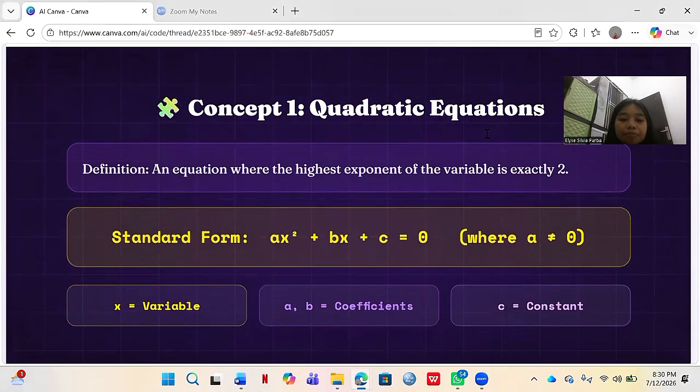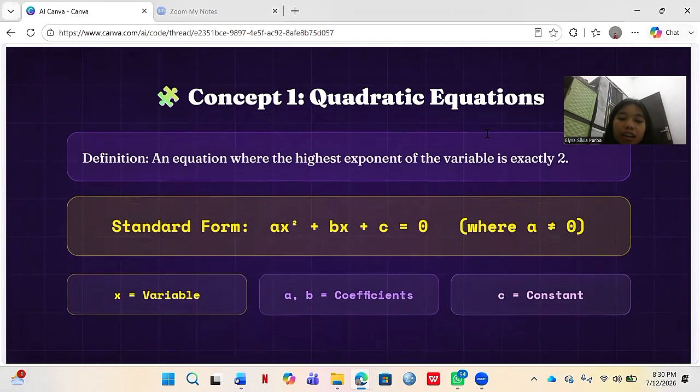Let's understand the definition first. What is a quadratic equation? A quadratic equation is an equation where the highest exponent of the variable is equal to 2.